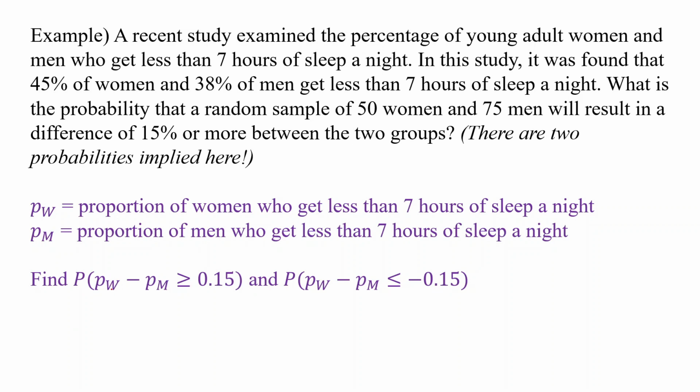We're going to try to find if women minus men is going to be 15% or more, or if the other way is true, if women minus men is going to be less than negative 15. So this implies that the proportion of men would get more than 15% of women, or more extreme, when we look at those two proportions. Okay, so that is our communicate. Those are the things we want to communicate in step 1.